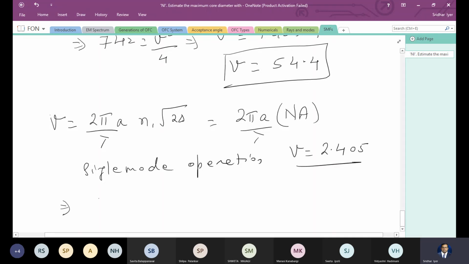Therefore, from the equation on top, you have 2.405 equal to 2 pi a by lambda into 0.3, which is NA, right? From this equation, you will be able to find the value of the core radius, right?